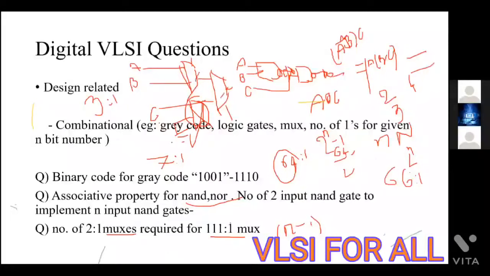The same thing holds for any number of input MUX. The total number of MUX required is n minus 1. This can be verified from the geometric progression even. But you may be confused because of the numbers. This is something different which many of us have not seen.